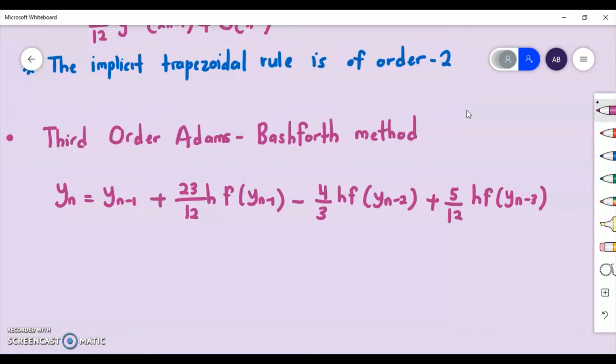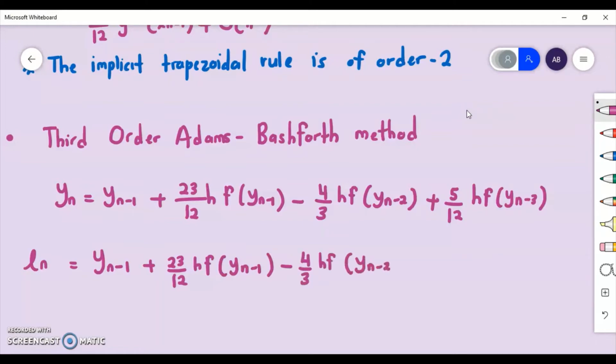They shouldn't be much different from how you expanded earlier on. Okay, so the LTE, the local truncation error, can be written as yn minus this whole term, or the whole term minus yn. I want to do it slightly differently: yn minus 1 plus 23 over 12 h f of yn minus 1 minus 4 over 3 h f of yn minus 2 plus 5 over 12 h f of yn minus 3 minus yn. Why do I want to do that?